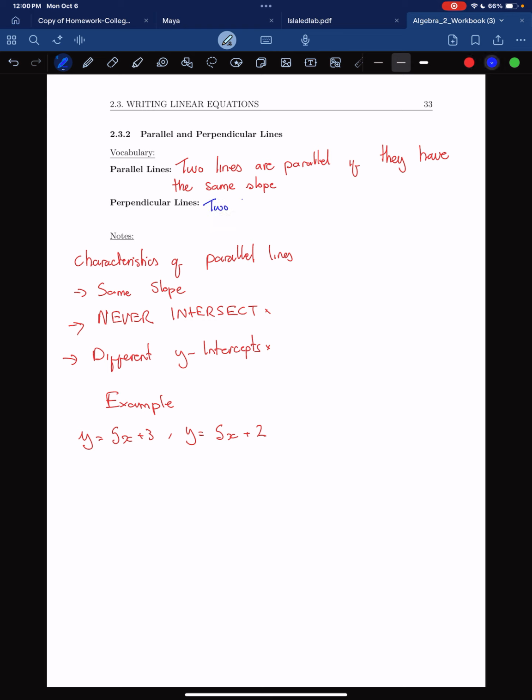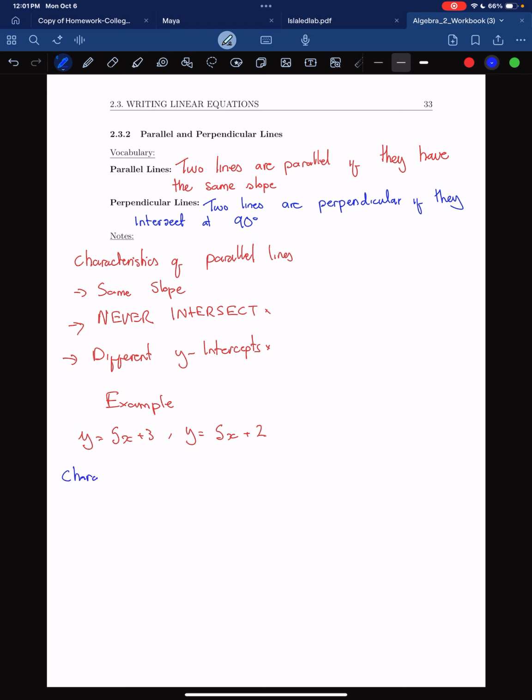Two lines are perpendicular if they intersect at 90 degrees. All right? So that intersection needs to form a 90-degree angle.